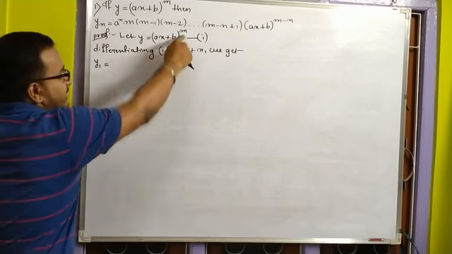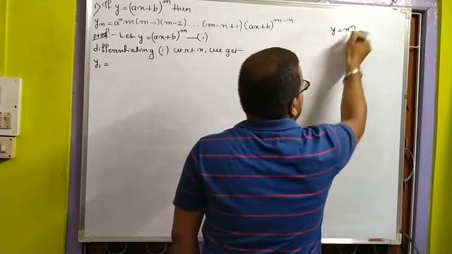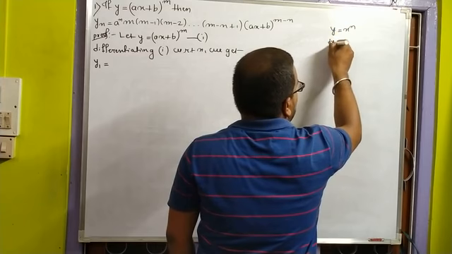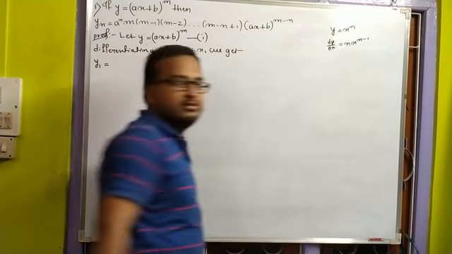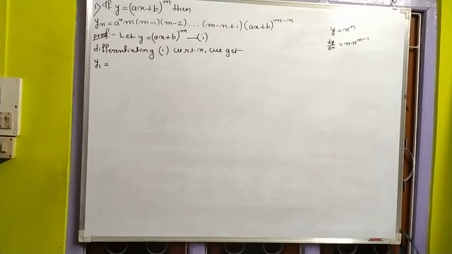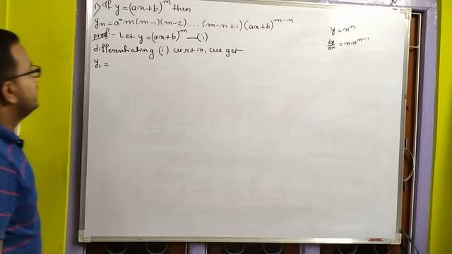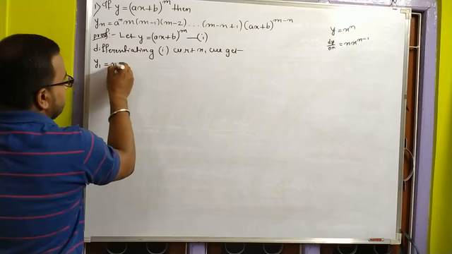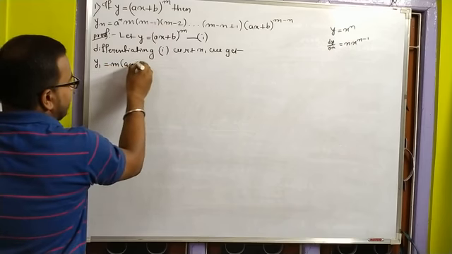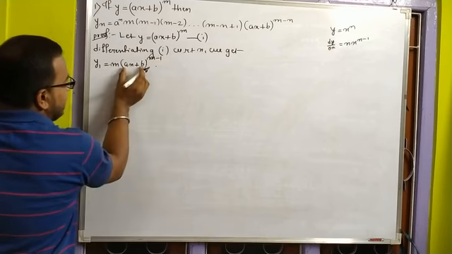If y equals to x to the power n, then the derivative dy by dx will be n x to the power (n minus 1), isn't it? You should know it because we have already covered those results at your high school level. So the derivative of this, x to the power m, will be m (ax plus b) to the power (m minus 1) into the derivative of this.